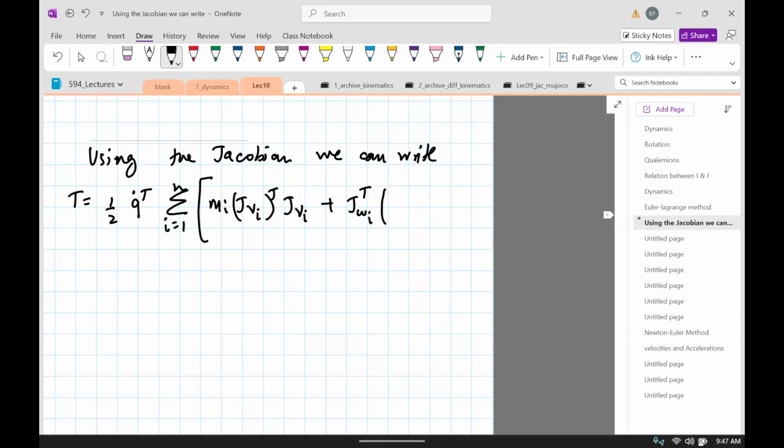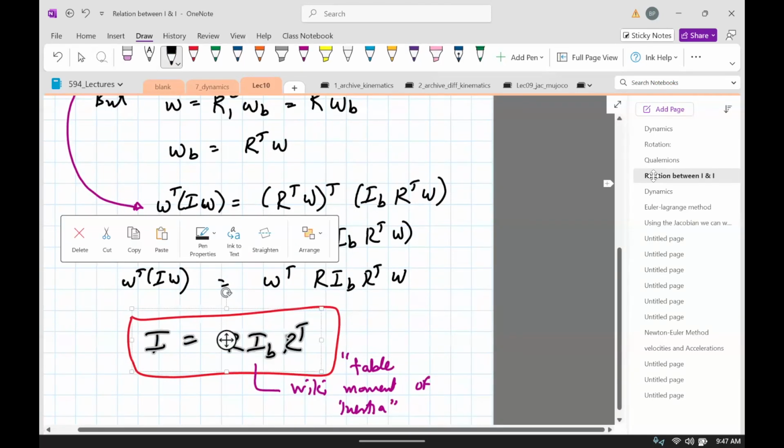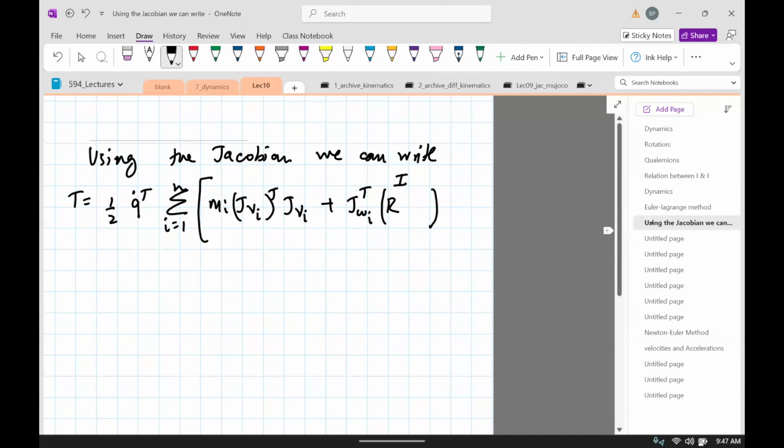Now, what sits here is the inertia in the world frame, but I'll write it using this relation, R Ib R transpose. So I'll write it as R Ib R i transpose J omega i. I'm running out of space.